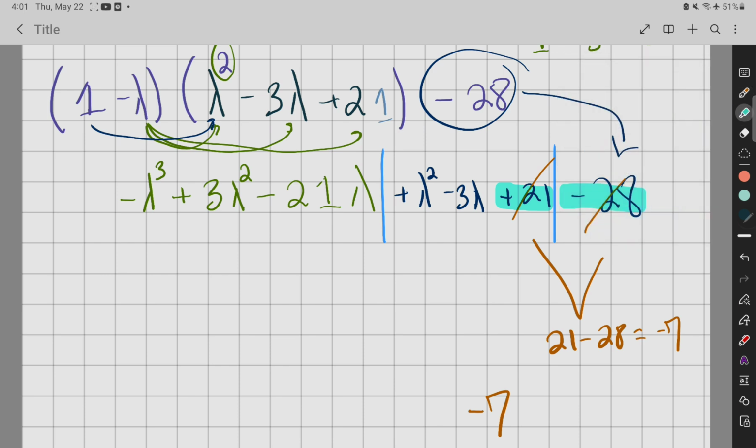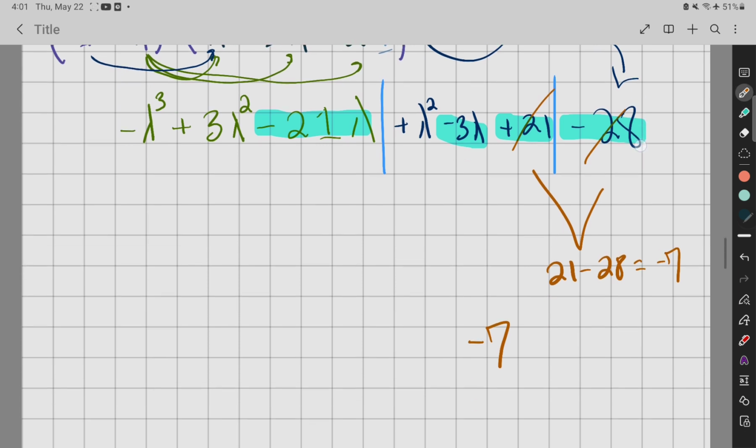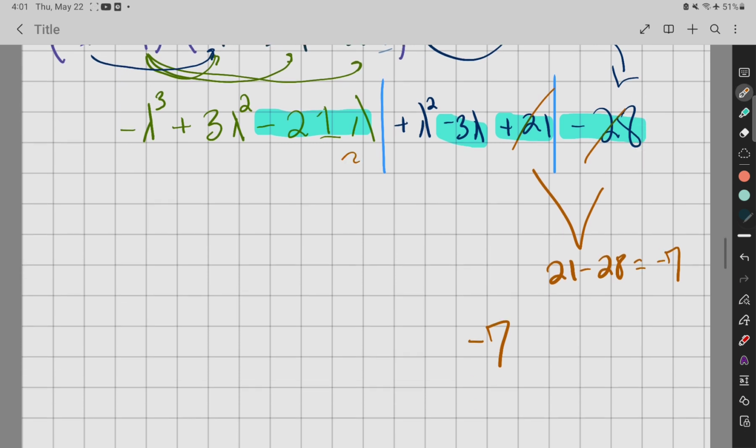So now let's go with the regular lambda. So we have minus 21 lambda, and then minus 3 lambda. So this is saying minus 21 minus 3. And then you would just put the lambda right beside it.